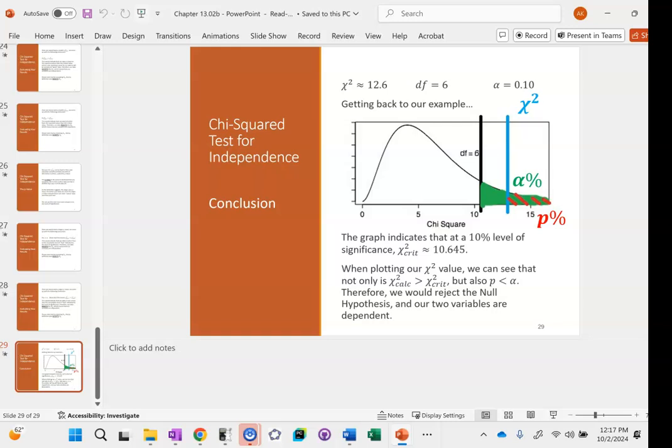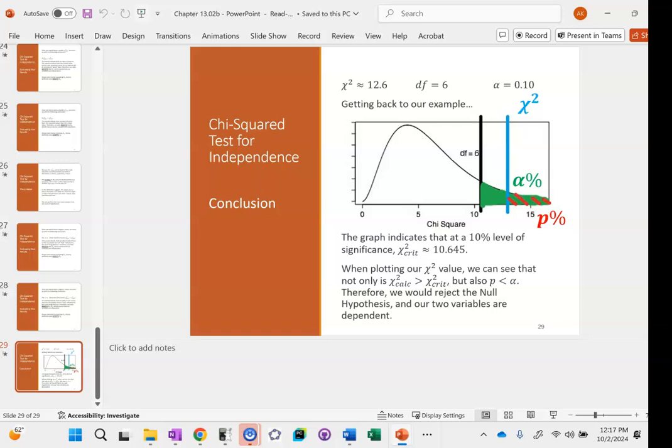Calculating the same way. So if I do that, I do 3 minus 6 squared divided by 6, plus 6 minus 7.64 squared divided by 7.64, and just continue on. Everybody's good?